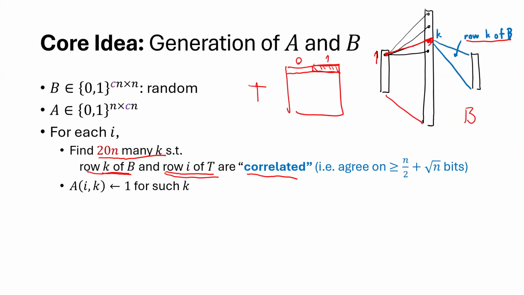Then if the kth row of B has only edges to this guy, it means that the kth row of B is the same as the first row of T. If these patterns are similar, then I would match. But I don't actually say that they must be the same. They just need to agree on significantly more than half of the bits.